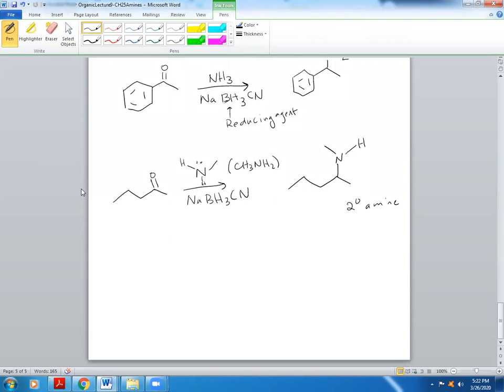So, for example, if I have any acid like HCl or acetic acid, and if I have NH2, all that's going to happen is this is going to become, here's your conjugate base and NH3.